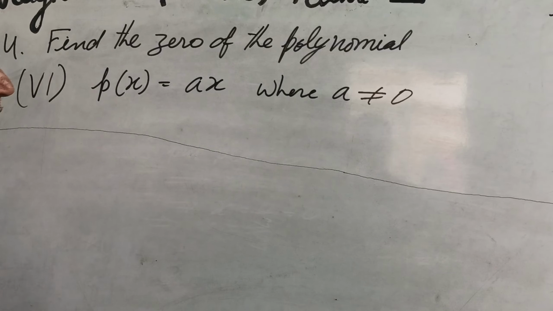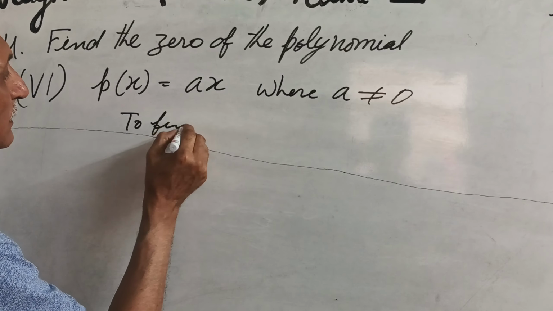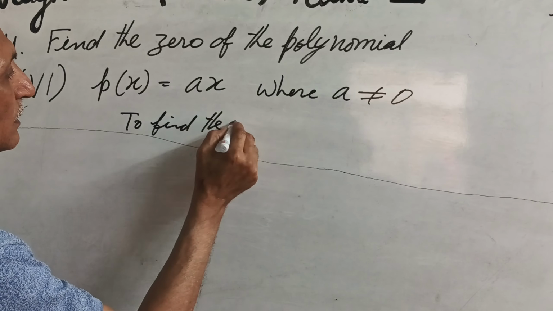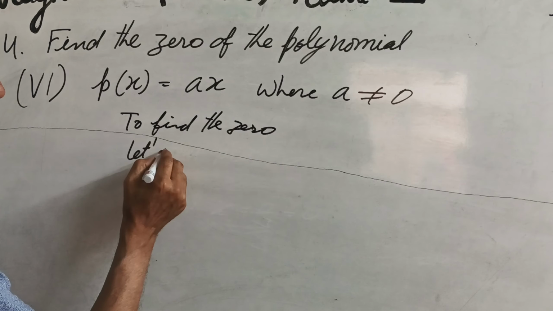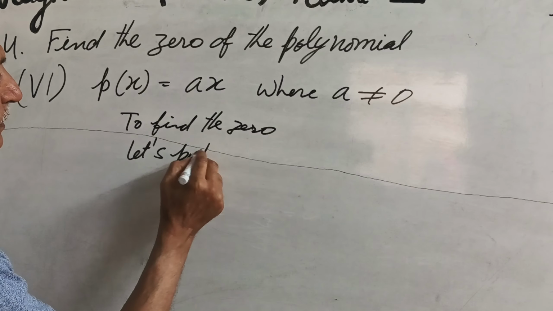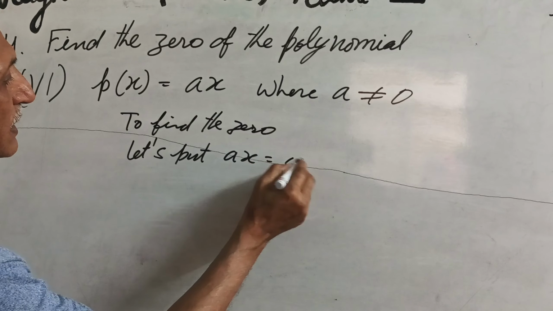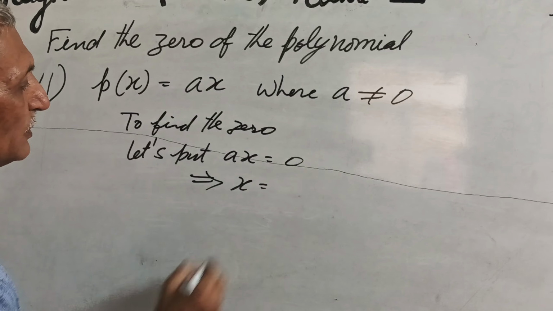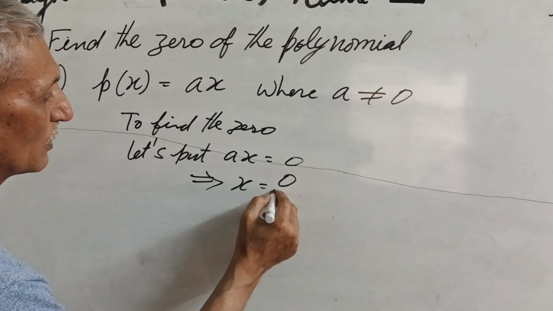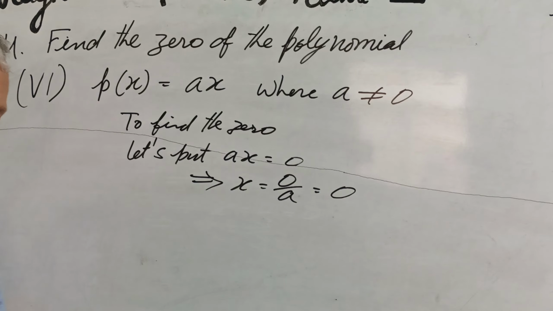So that means a is not equal to 0, and we have to solve it. To find the 0 of the polynomial, let's put ax is equal to 0. That means x is equal to 0 divided by a. That will give you 0. ठीक है friends?